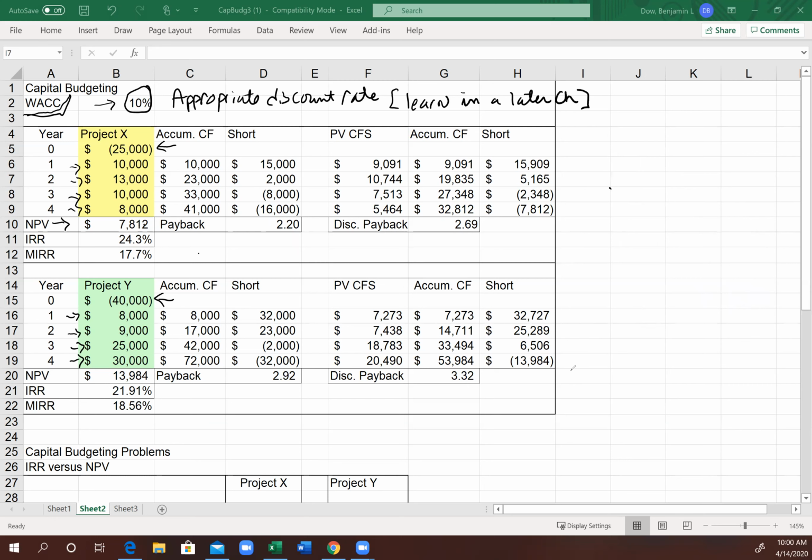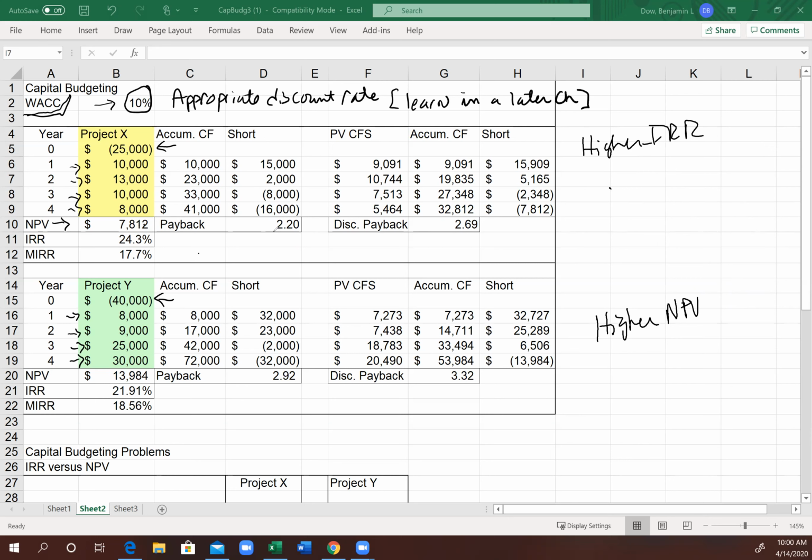So remember, we can now see higher net present value, higher IRR.